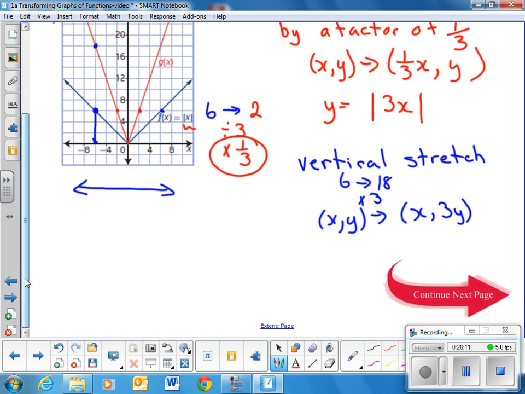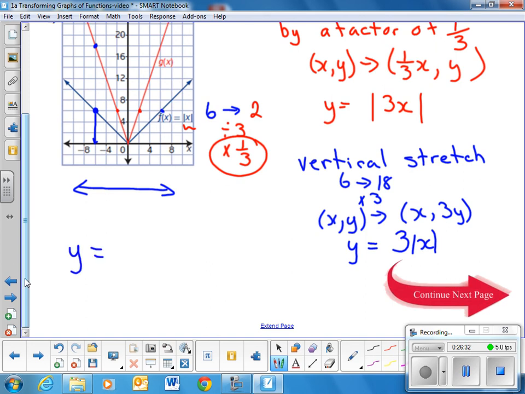So as an equation, we end up with y equals, our base function was absolute value of x. The 3 changes the y, so it has to happen outside of the original function. And we end up with y equals 3 absolute x. Well, how can two different equations represent the same graph?